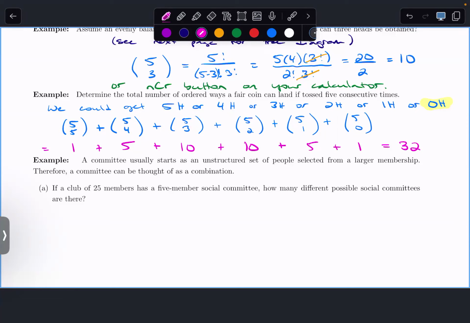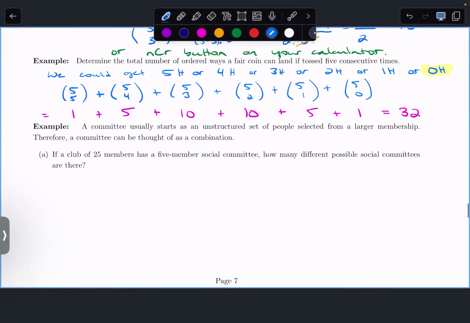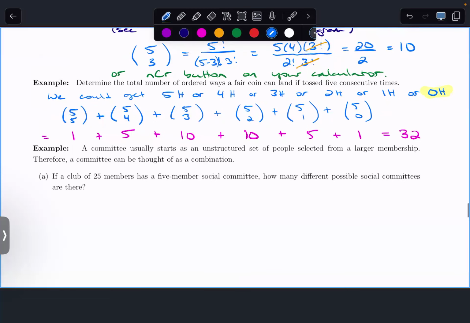How else could you have solved this? I think a little bit easier might have been the slots. 1, 2, 3, 4, 5 tosses.